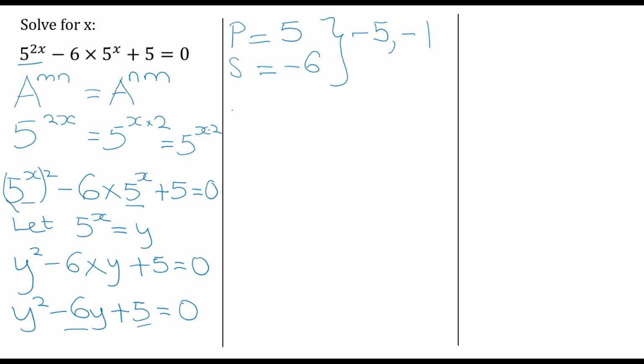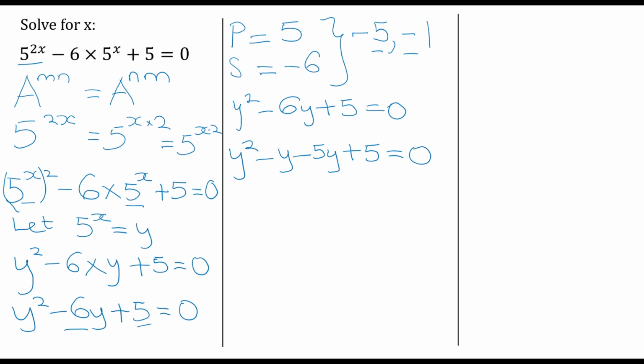So we write that into this particular equation, y squared minus 6y plus 5 is equal to 0. Introducing these elements, you'll have y squared minus y minus 5y plus 5 is equal to 0.